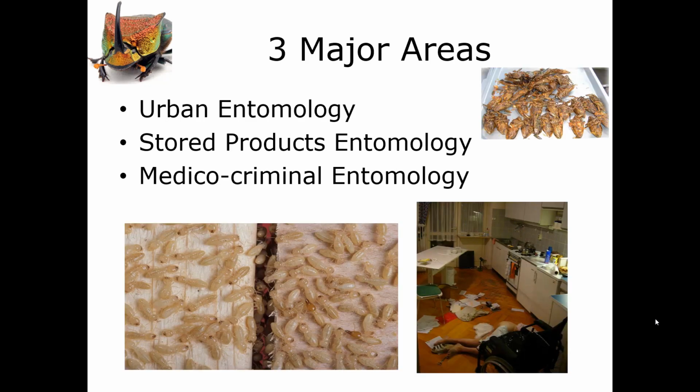Now, because forensic entomology is such a broad thing, then, we end up breaking it up into 3 major sections. So this makes it a little bit easier for those of us who are forensic entomologists to specialize in particular areas. Entomology is huge. It's ginormous.